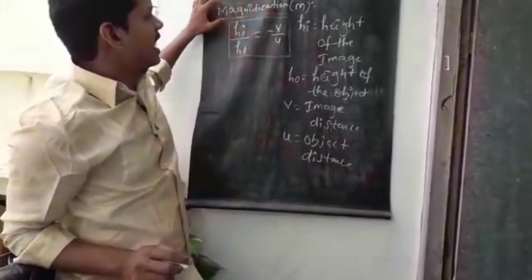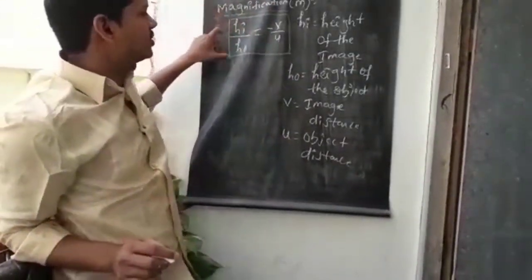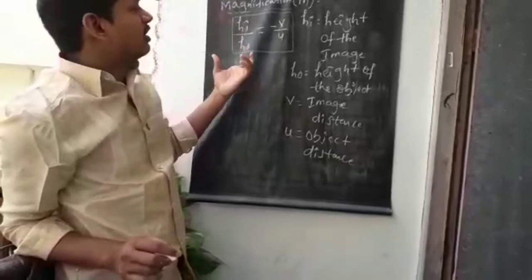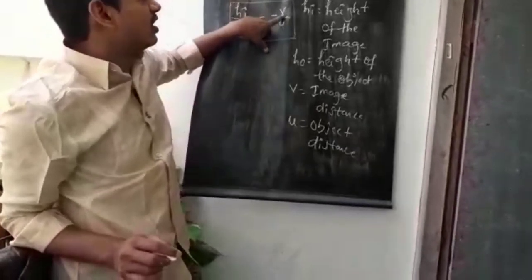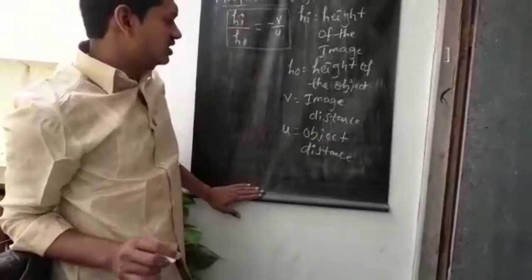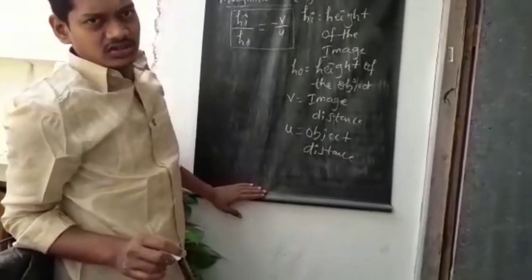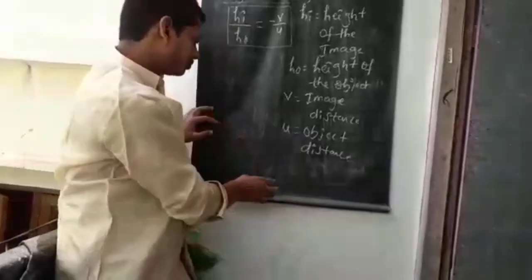Magnification is the height of the image by the height of the object, equal to minus v by u. This is the mathematical expression.